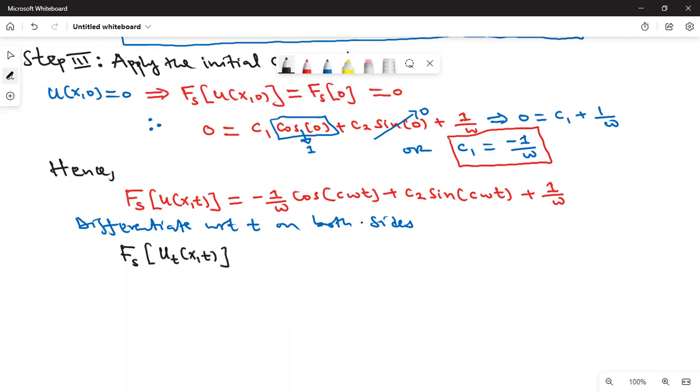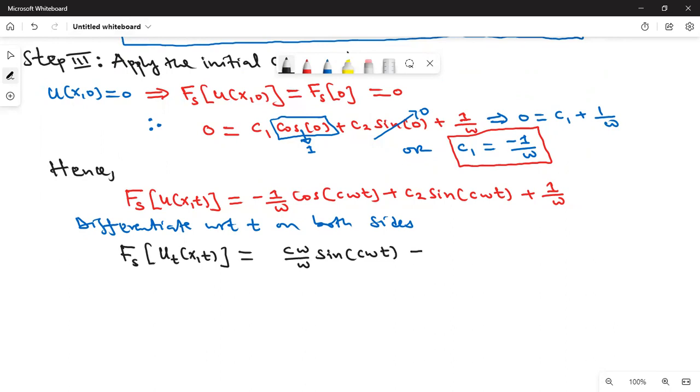I've differentiated it with respect to t. What about the right-hand side? Derivative, of course, is negative sign. So this should be equal to negative, of course, the negative sign will cancel with the other negative, so that what we'll have is just positive c omega over omega, then sine c omega t.